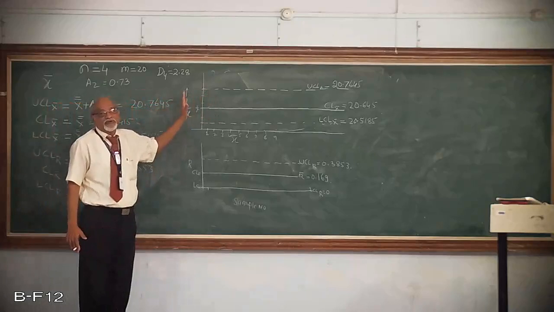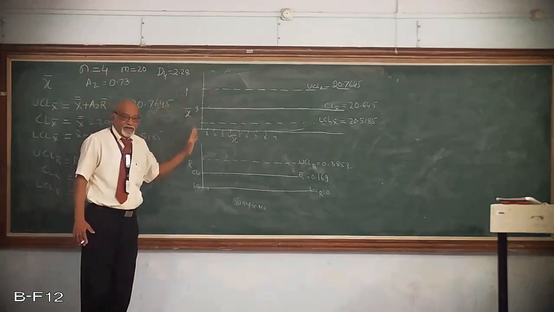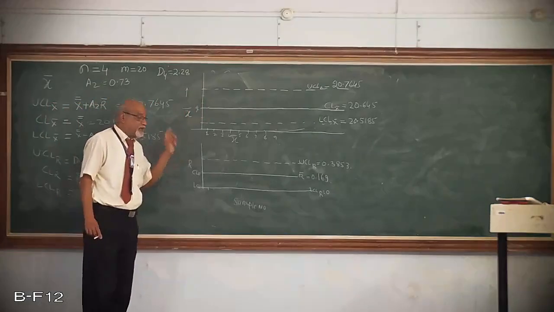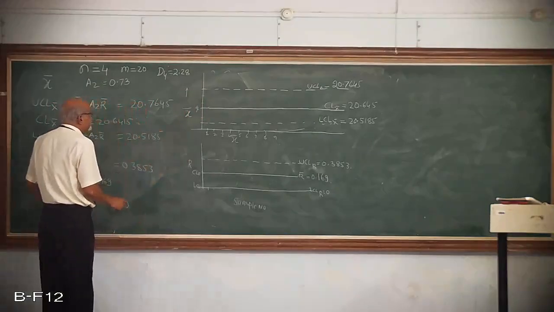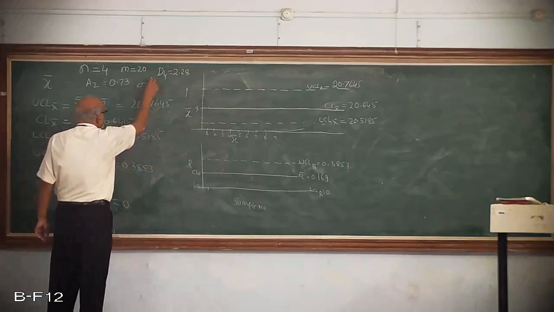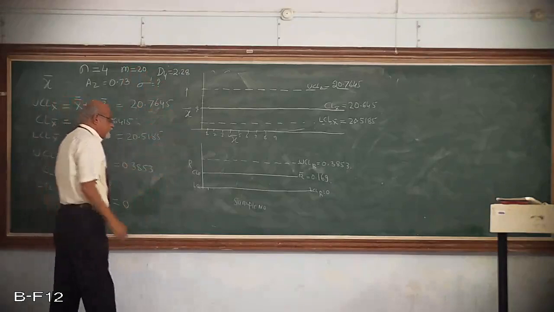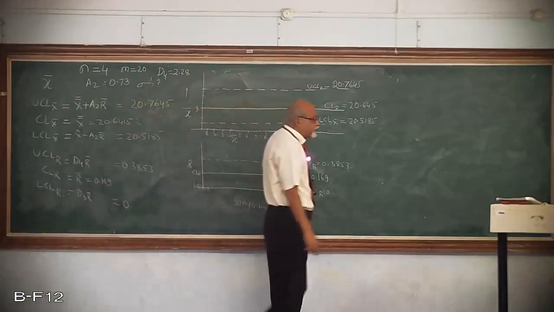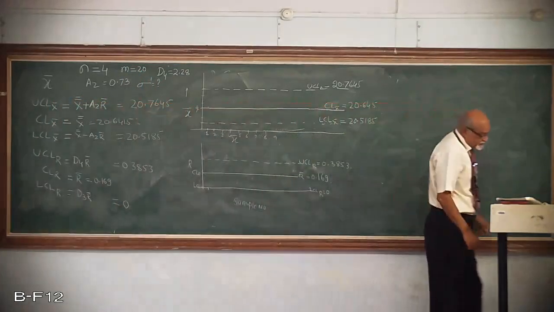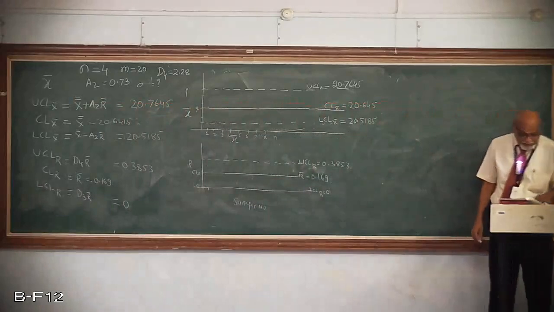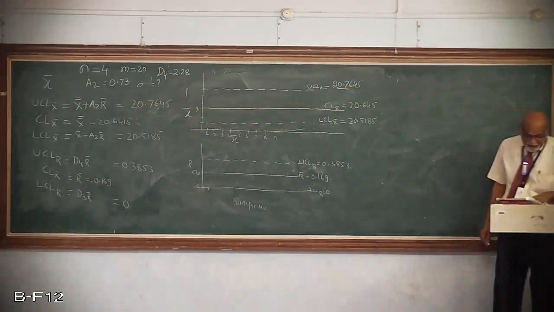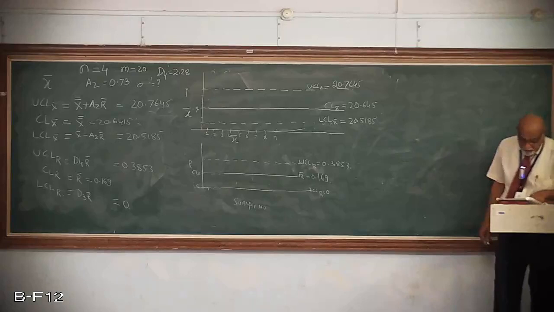That is what we have estimated and established. The other thing to be found out is what he has asked in this particular case: compute the values of 3 sigma limits for X bar and R charts and estimate the value of sigma prime.